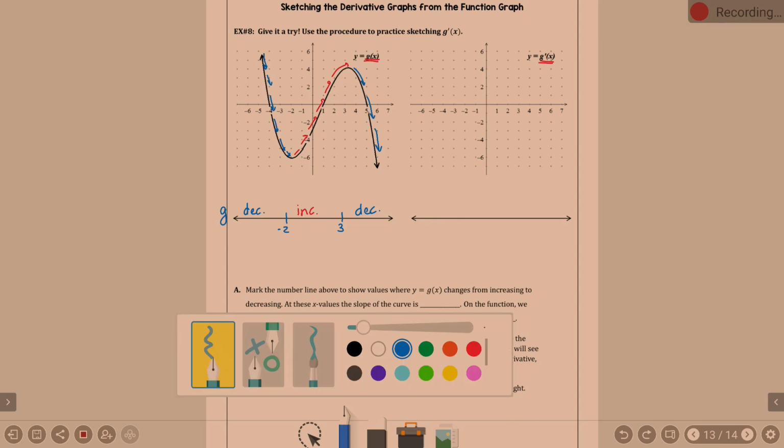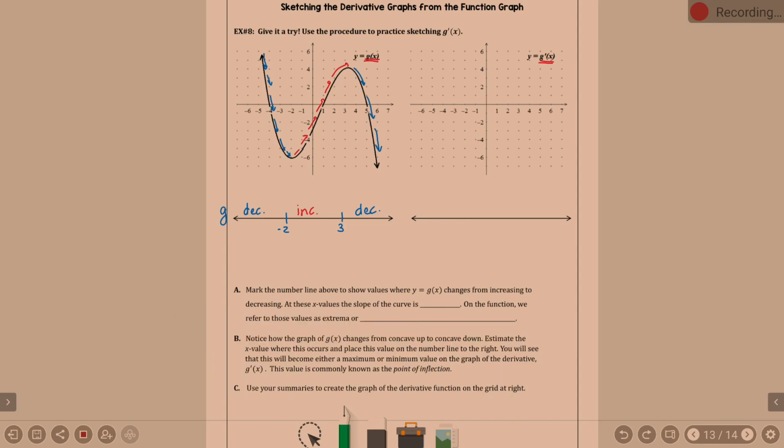A decreasing graph means my slope is going to be what? It is negative. From negative 2 to 3, it was increasing, which means it is positive slope. After 3, it is decreasing, so it is a negative slope.